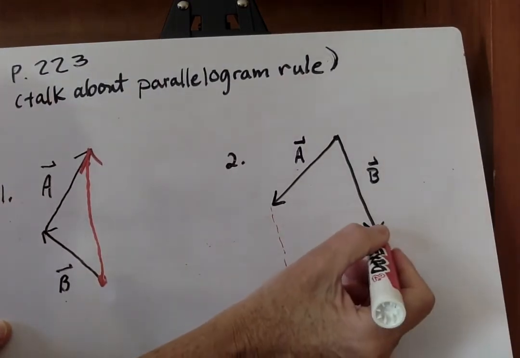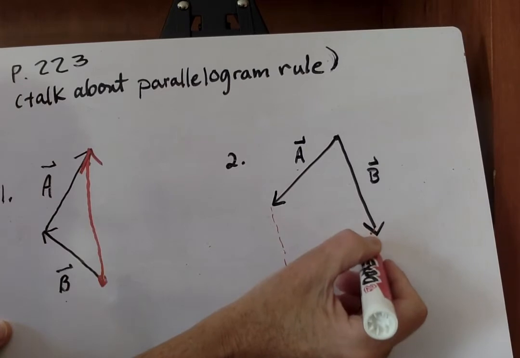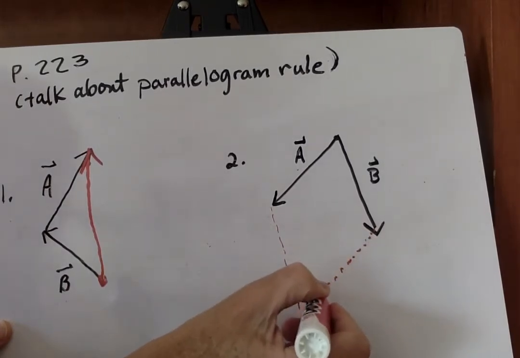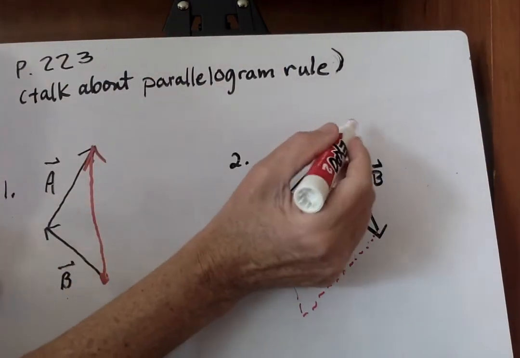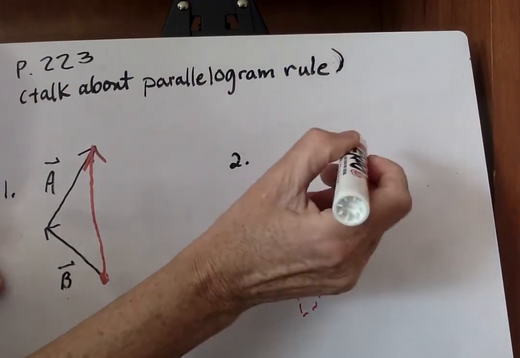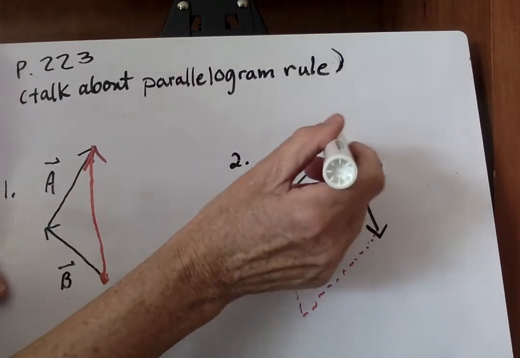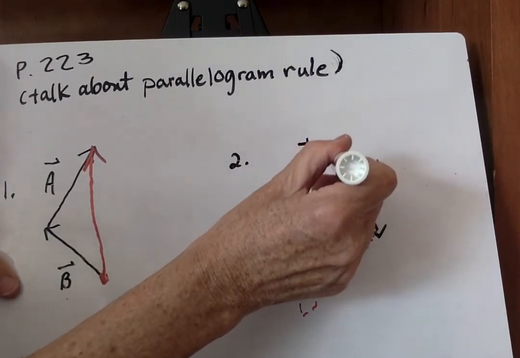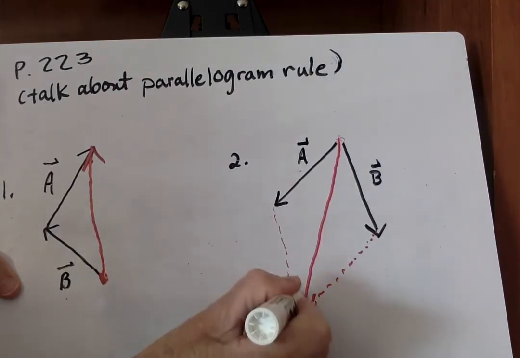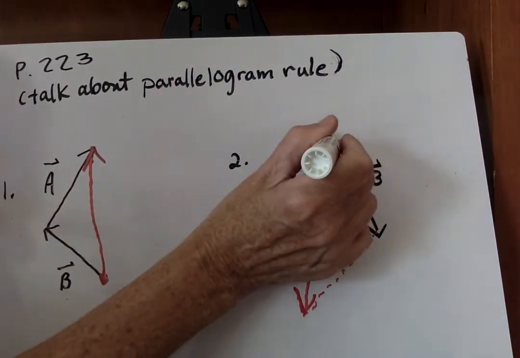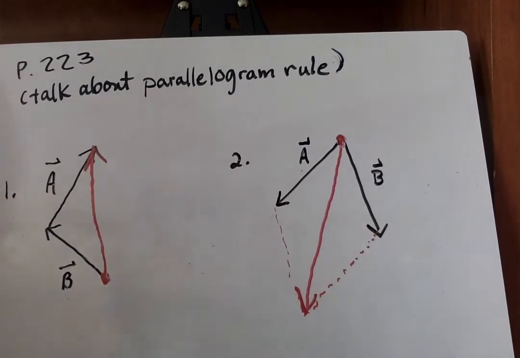Then I draw a dotted line from the terminal point over there to here. Then when I do A plus B, I start my initial point here. The resultant vector is going to go from here all the way down here, and I draw the arrow. So there's your resultant vector right there.